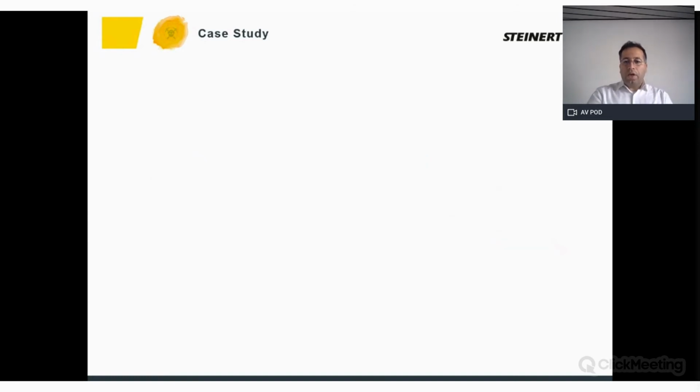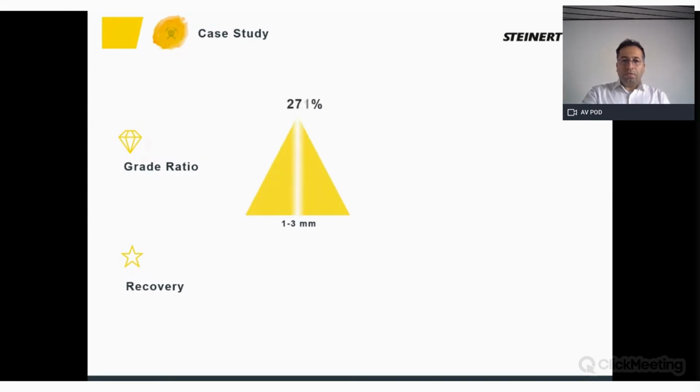Okay, if we want to make a comparison between these three processing steps with three grain sizes, I want to show you a grade ratio. It means a ratio between the output grade, the concentrate grade, and the input grade, and then the recovery. In the fraction 1 to 3 millimeter, we could increase the grade of the input in the concentrate to 271% with a recovery of 70.64.